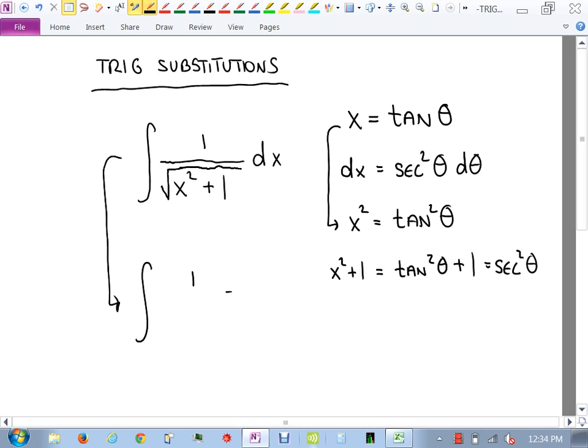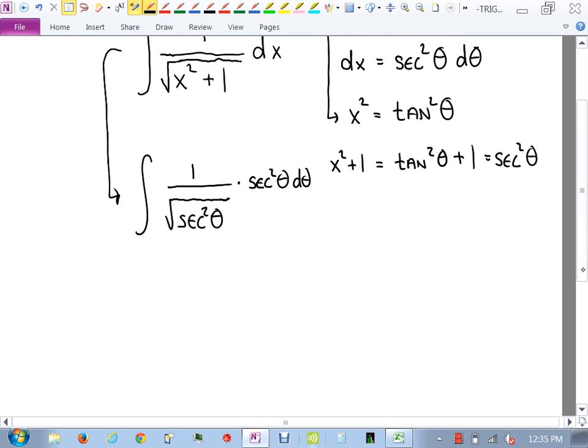Integral 1 over the square root of secant squared theta, which is going to wind up just being secant theta. But what's dx? It's secant squared theta d theta. Right? Any questions on what I did there?